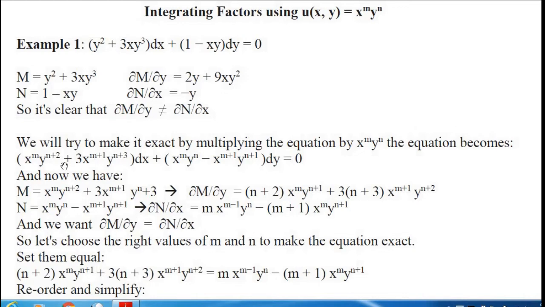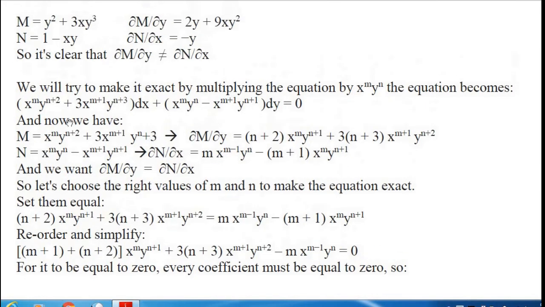Now, we will try to make it exact by multiplying the equation with x^m y^n. On multiplication, the given equation becomes (x^m y^(n+2) + 3x^(m+1) y^(n+3)) dx + (x^m y^n - x^(m+1) y^(n+1)) dy = 0.